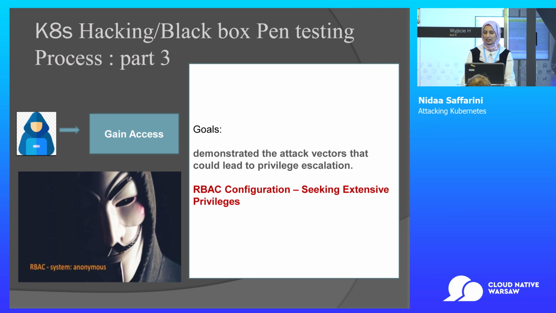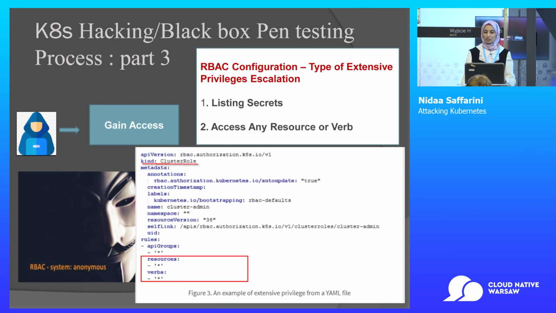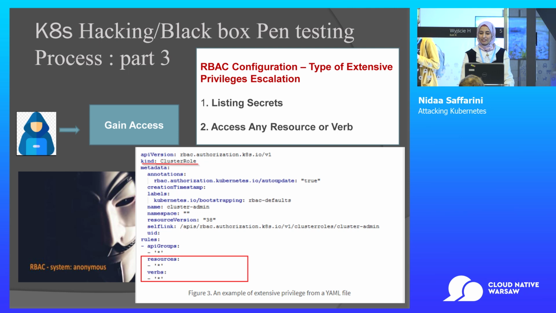Now, part 3 is gaining access. Gaining access actually has multiple vectors for Kubernetes. For example, maybe I can gain access to list your secrets, which makes me like a king. Then maybe I can access any resource or verb. So if your cluster configuration is like resources all, verb all, you give me this one, so I can read clearly all your resources and verbs.